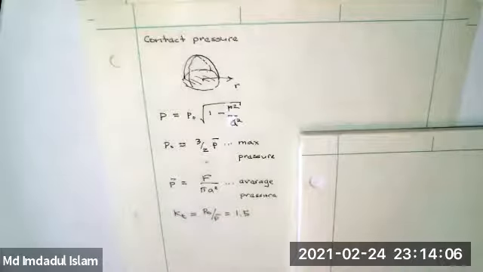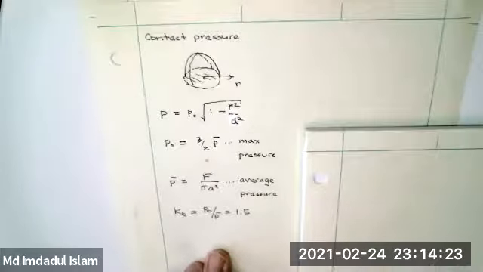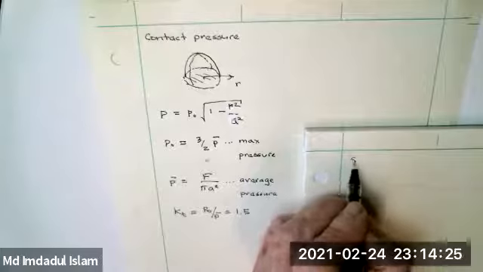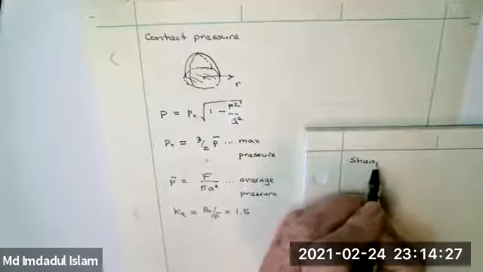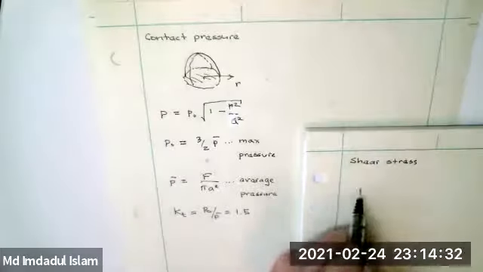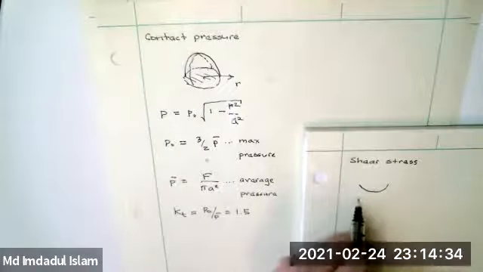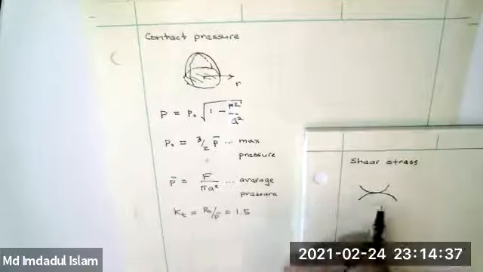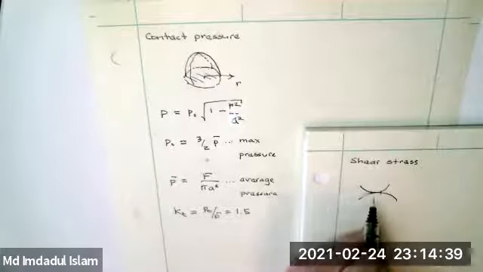Okay. And we're going to be dealing with metals and fatigue, and so we're going to want to know what the shear stress is. These are not necessarily the same radii, but they have a contact extent of 2A.